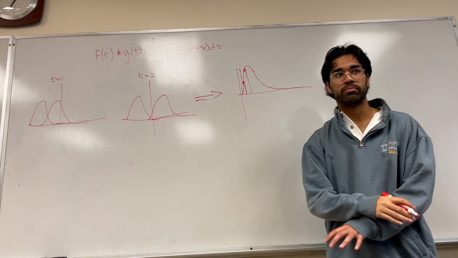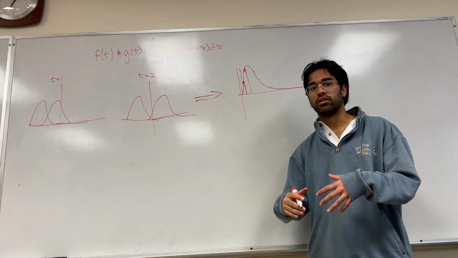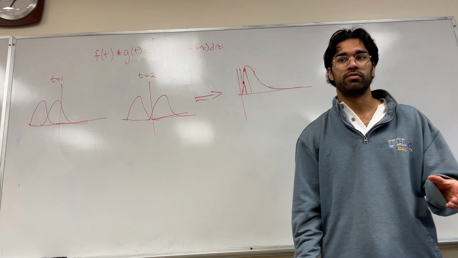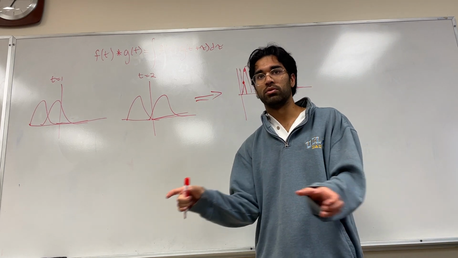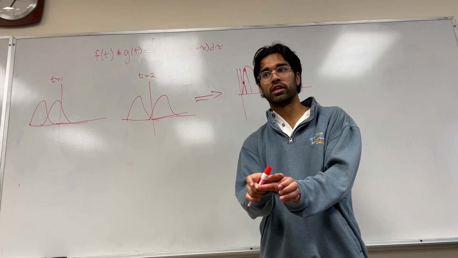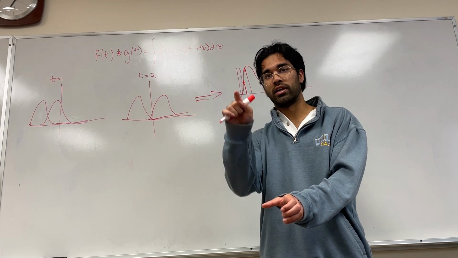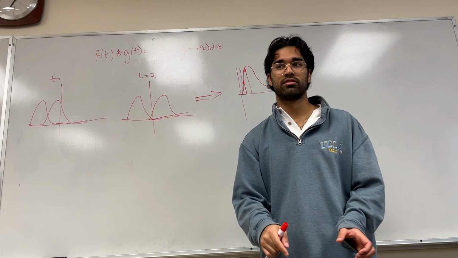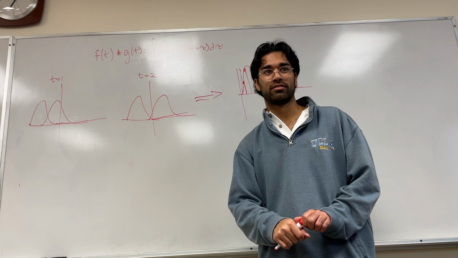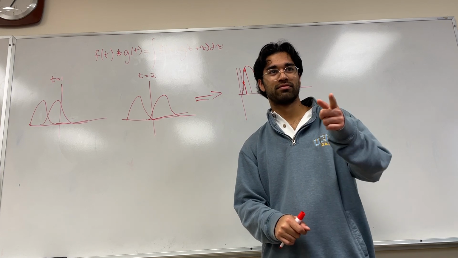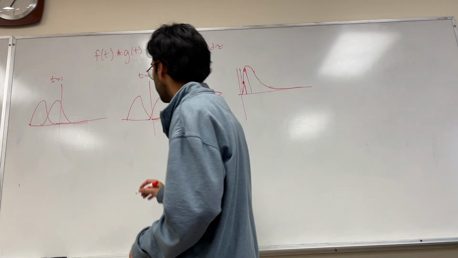Integrate meaning you add up. So if f was a vector of infinite length, and g was a vector of infinite length, you multiply all their entries together and add them all up. What operation is that? A dot product, yeah.